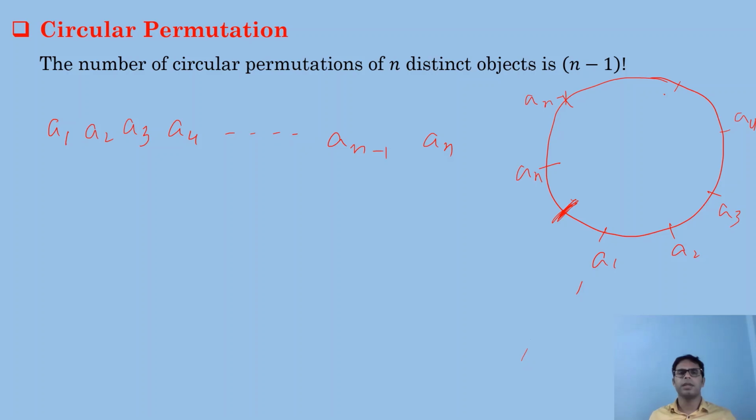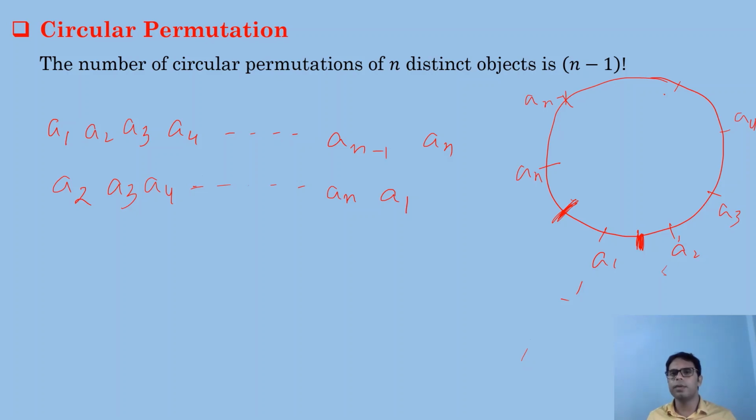This is the first linear permutation from a single circular permutation. Then if you cut this circle at the next point and open it, you will have the corresponding linear permutation starting with a2, a3, a4 and so on, an, and finishing at a1.